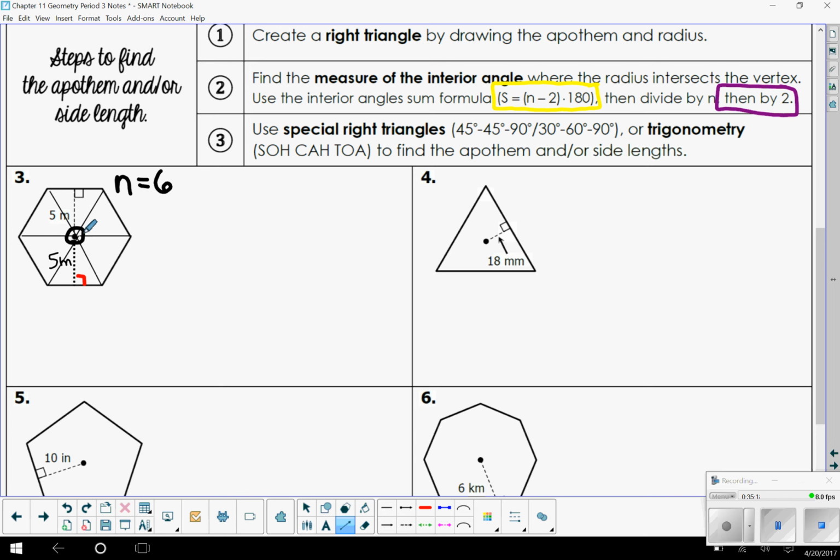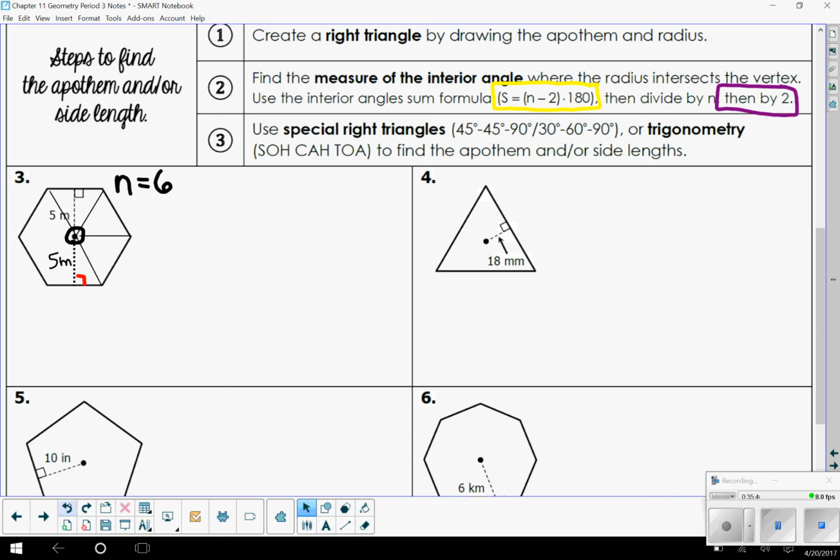If I held a little string and walked around, like on a merry-go-round, can I just make a 360? Why don't I just do 360 divided by how many sides? It's a regular polygon. Cool?